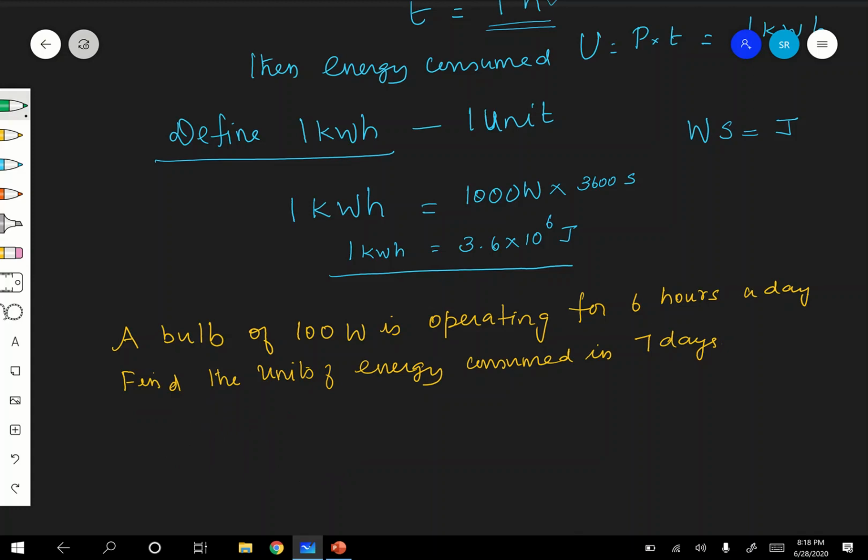The power of the bulb, P, is equal to 100 watt. And the units of energy are asked in kilowatt hour. Therefore, you convert it into kilowatt directly. 100 watt divided by 1000, which is 1 by 10 kilowatt, or 10 power minus 1 kilowatt.